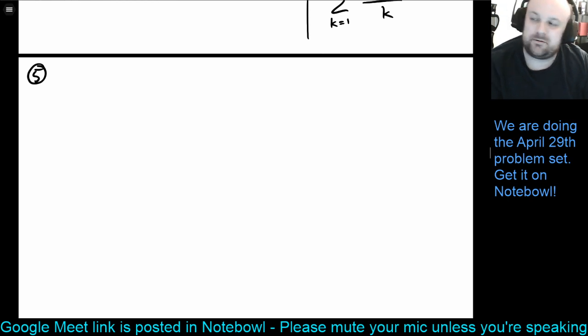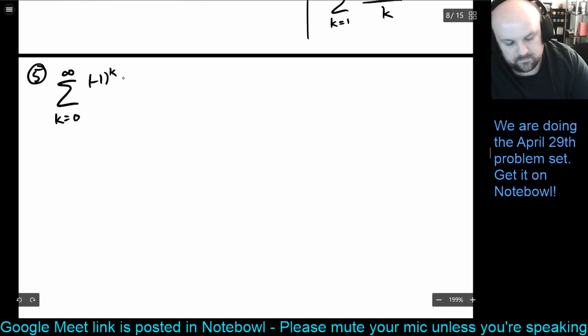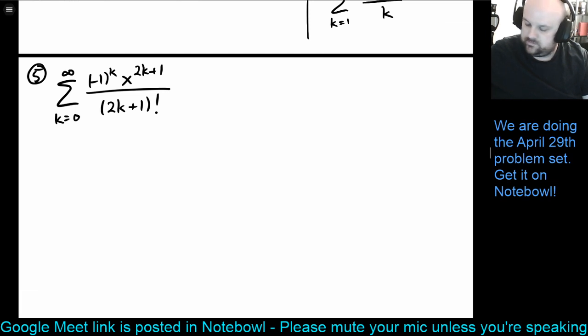Let me ask, does anyone remember that power series in number 5? Does anyone remember what this is? This is a Maclaurin series for a particular function.